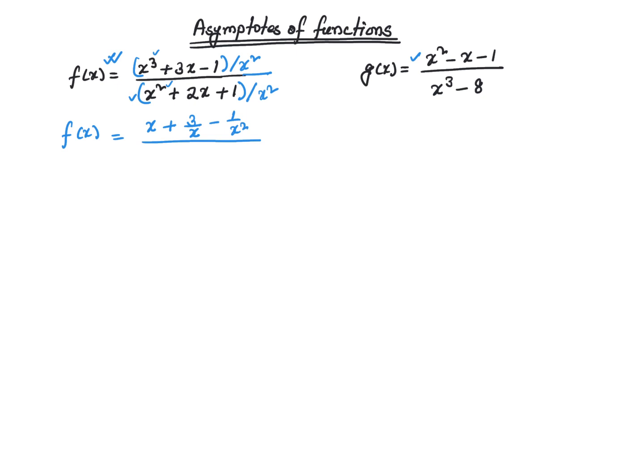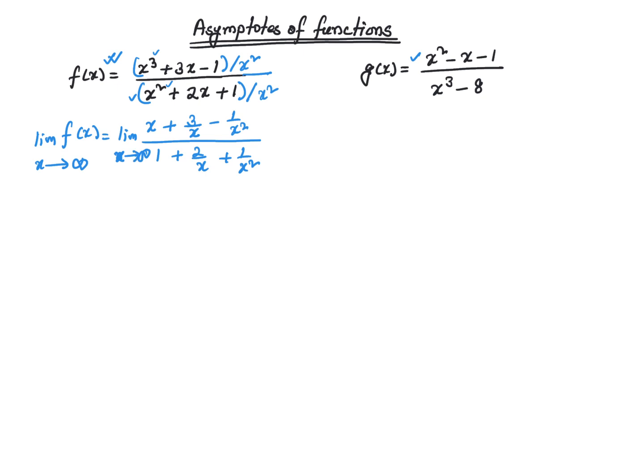So I have x squared divided by x squared, which is 1, plus 2 over x plus 1 over x squared. So the limit as x approaches positive infinity is going to be the same as the limit as x approaches infinity here.